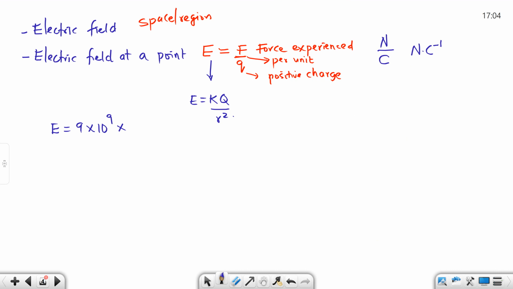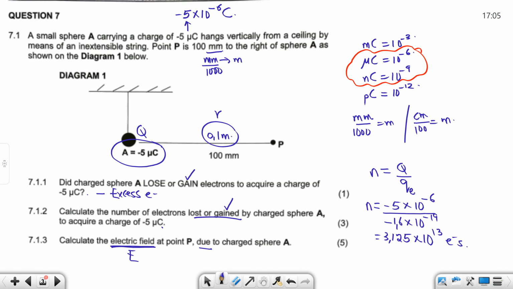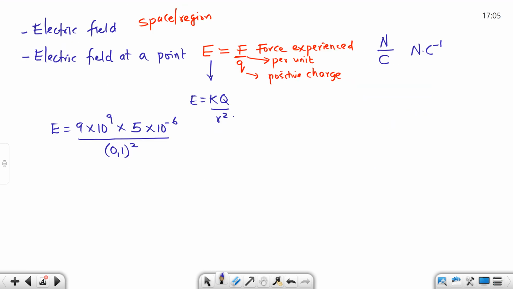What is our Q? Now, when it comes to calculations here, you really do not need the sign. 5 times 10 to the power negative 6. What is our distance? 0,1 squared. What is your answer? I want to show you something. What is our answer? There's something I want to show you here.